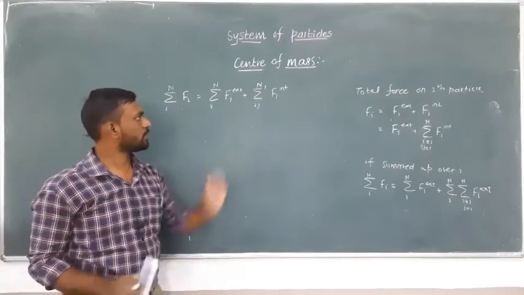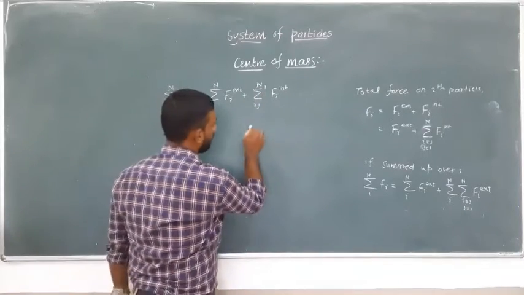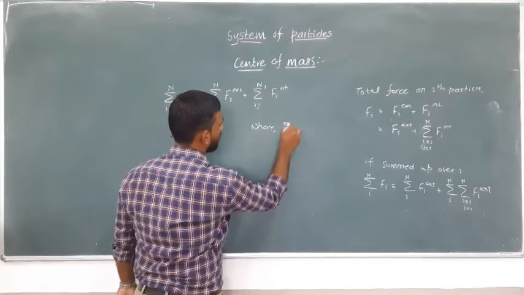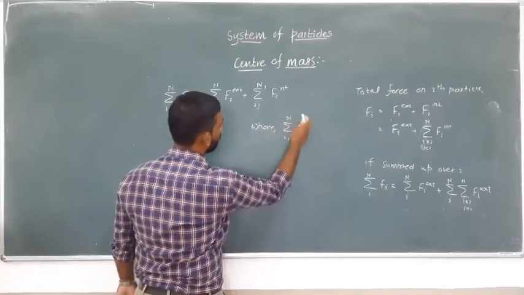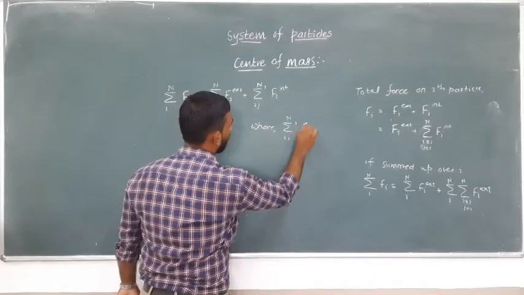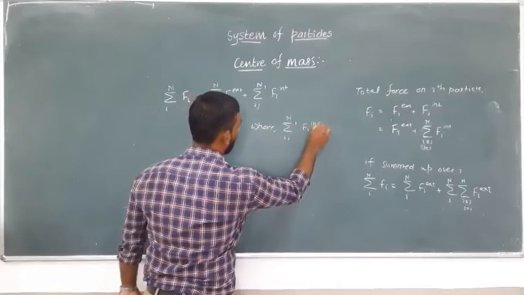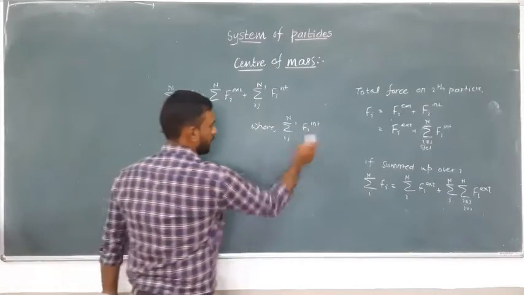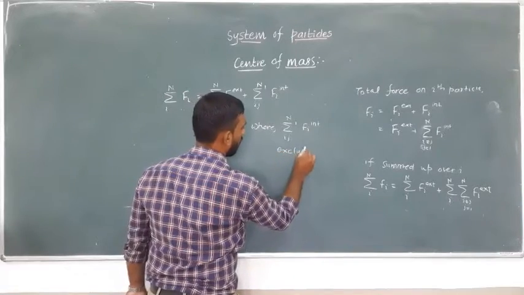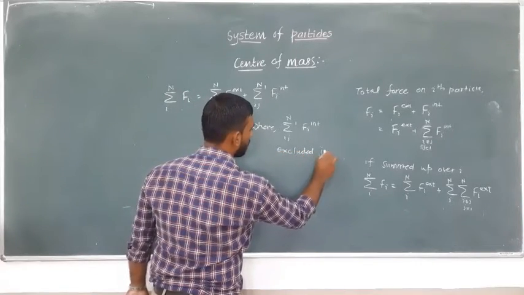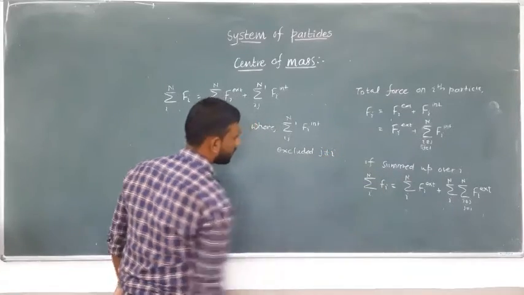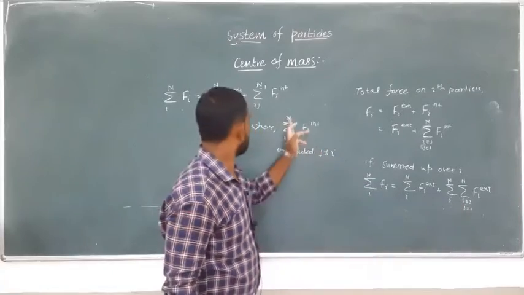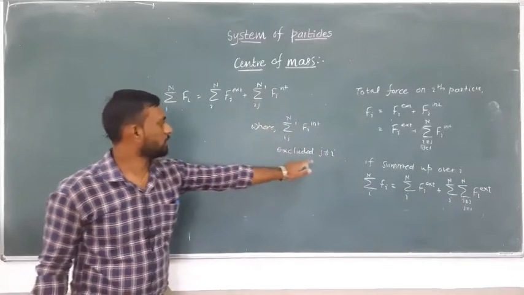The summation over i, j runs from 1 to n prime, Fi internal, excluding the repeated term, that is, j is not equal to i. So we want this condition, i is not equal to j, and the prime indicates that this term is excluded.